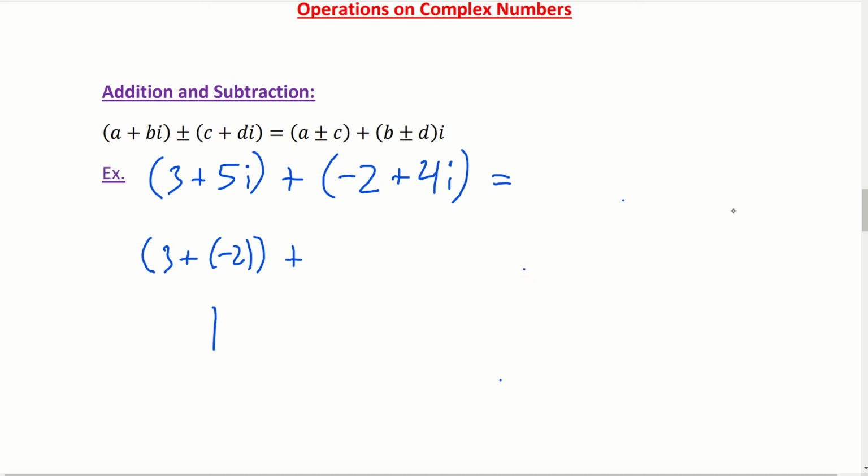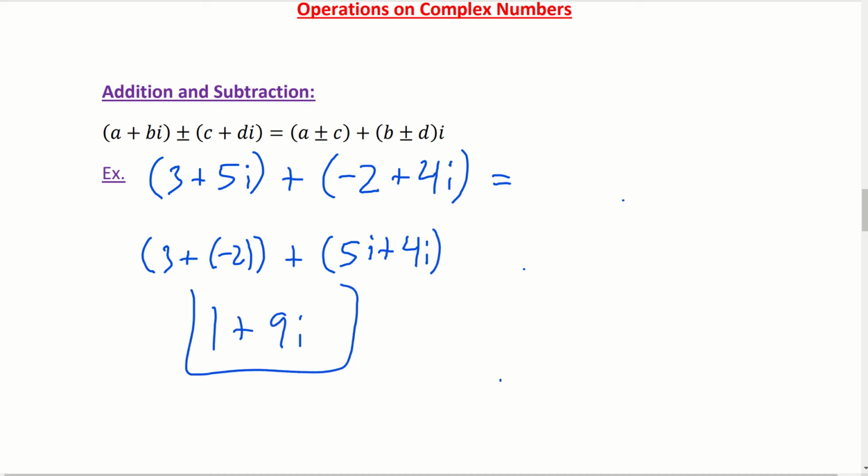And if we combine the imaginary parts, we have 5i plus 4i. That will give us 9i. So addition of complex numbers, again, you're just combining like terms. You combine the real parts, you combine the imaginary parts, and that combination will be your addition.